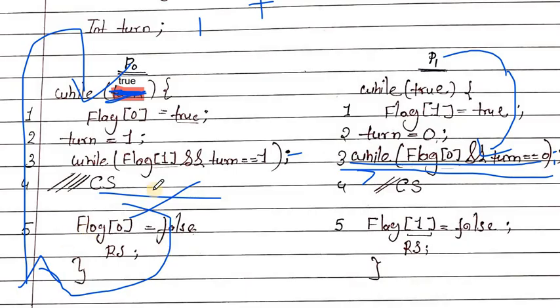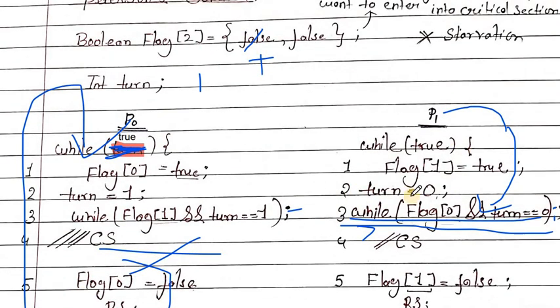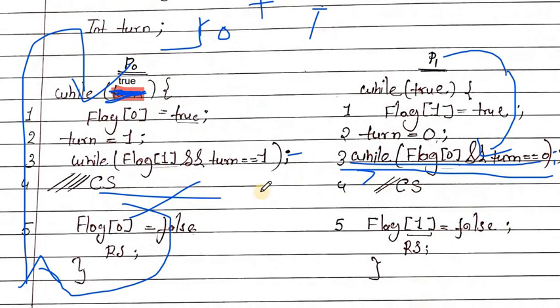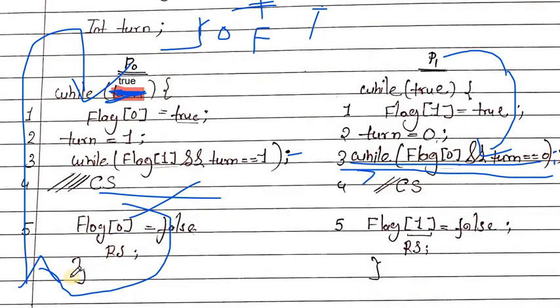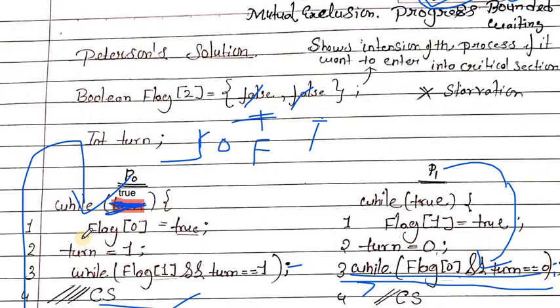Then process P1 makes flag 1 true, makes turn 0, and gets stuck in the while loop. Now P0 executes the critical section and makes flag 0 false. Now P0 again tries to enter the critical section and makes flag 0 true.